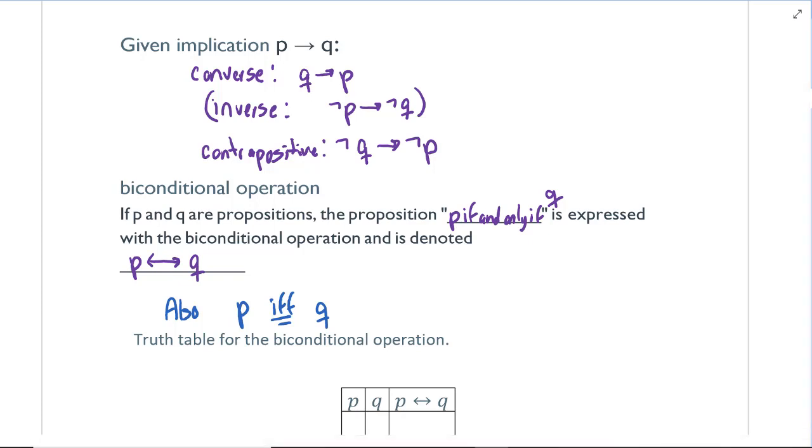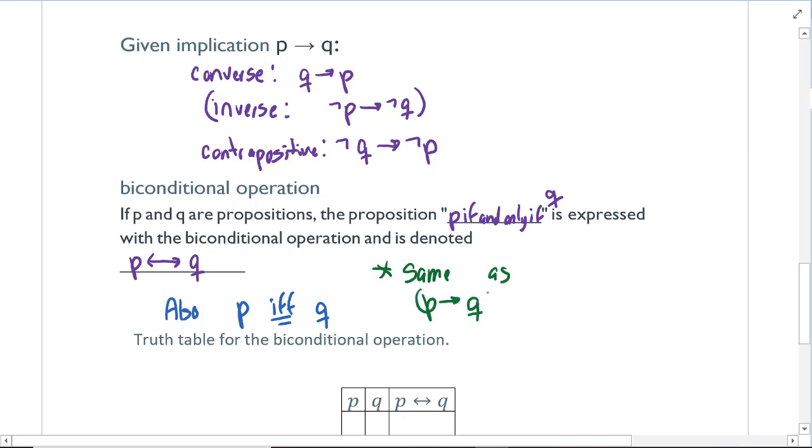Sometimes it's helpful to remember that this is saying the same thing as P implies Q and Q implies P. That's what the biconditional statement is, if we need to break it up like that.